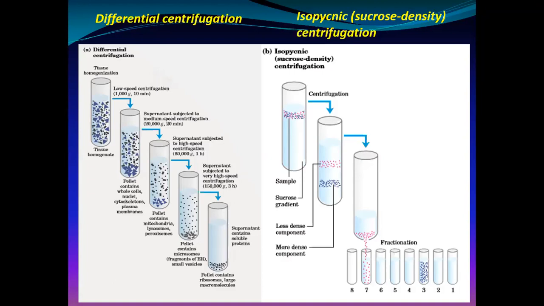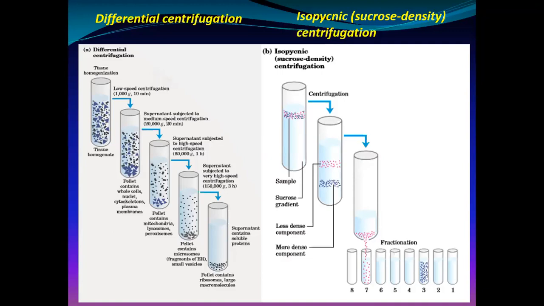And then you get in the bottom whatever pellets containing ribosome, large macromolecules, and then the supernatant will be having soluble proteins. So all in all, the cellular contents can be fractionated and isolated. Understand? Fractionated and isolated. So this technique is called differential centrifugation.